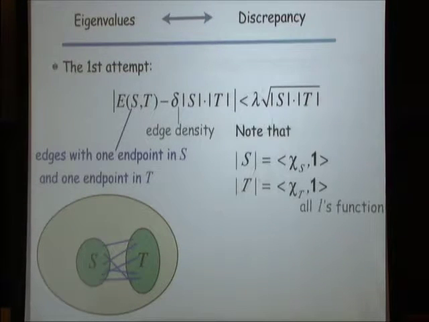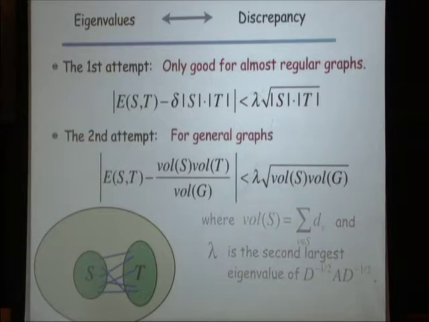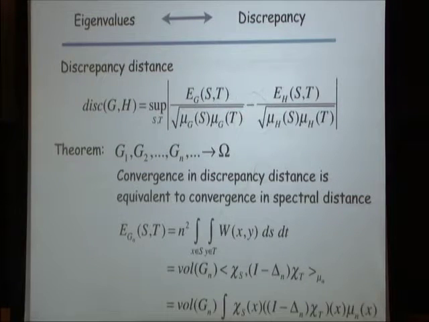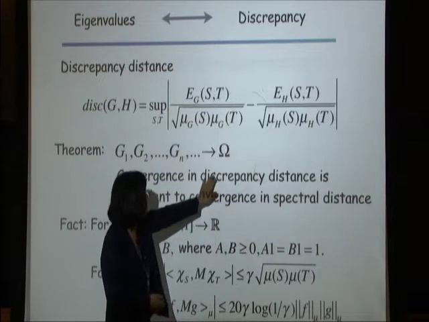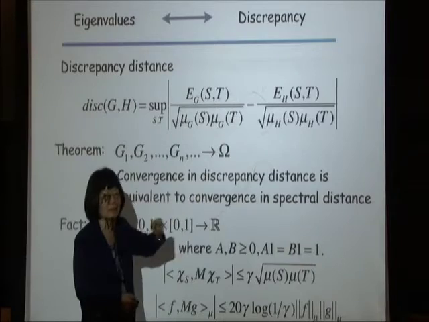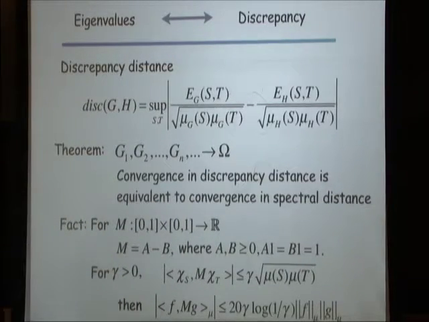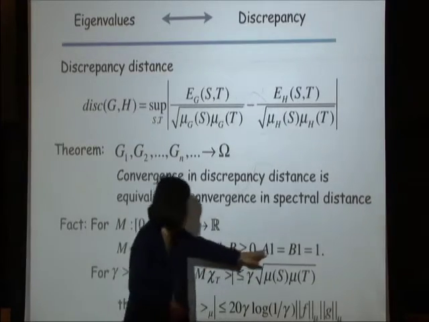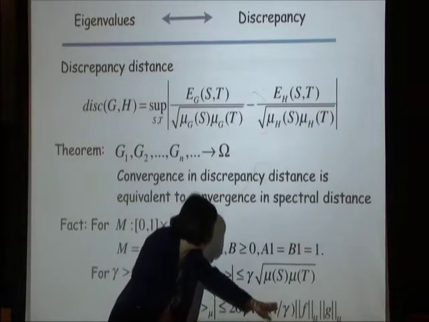I'm about to hit the interesting part, the graph limit part, right? One direction, the eigenvalue implies the discrepancy distance, is the easy direction. The other direction, you need a fact, which is actually not too hard to prove. If your matrix is a difference of two things, and both of them behave pretty well, then you can go back, suffering only a log factor.